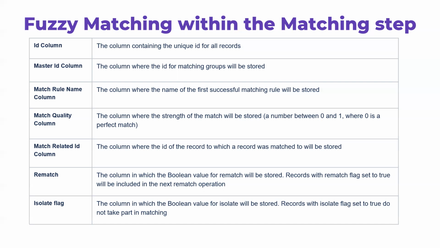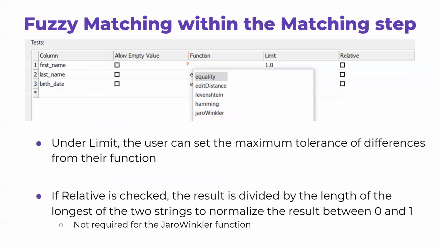Now, to go into more details about the matching quality column, essentially within a matching rule, if I go back one slide, within a matching rule, you can have multiple tests, and each test will actually have a score, which is determined by, in the case of fuzzy matching, the actual distance divided by the limit.